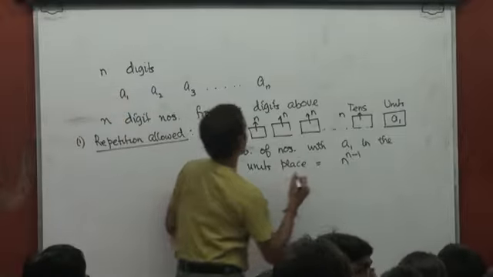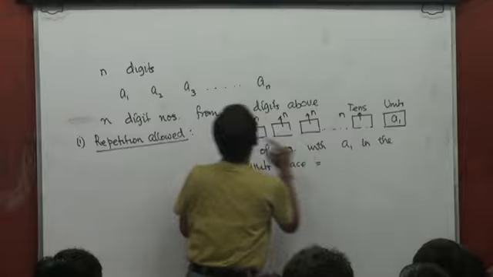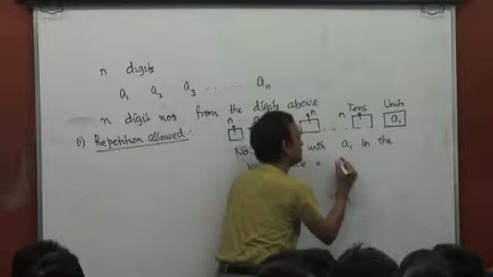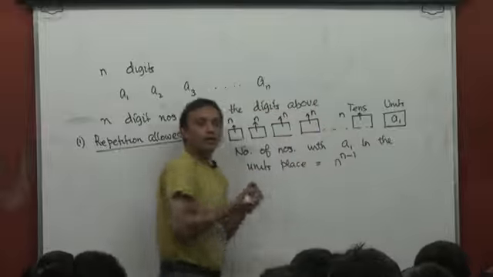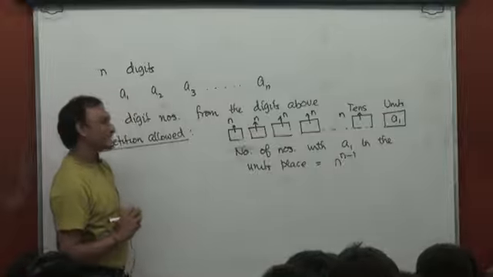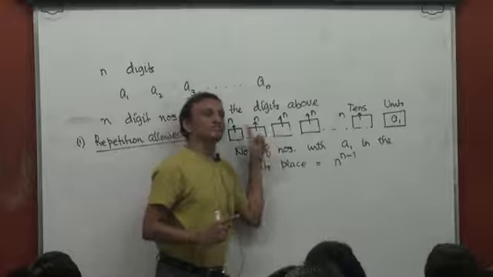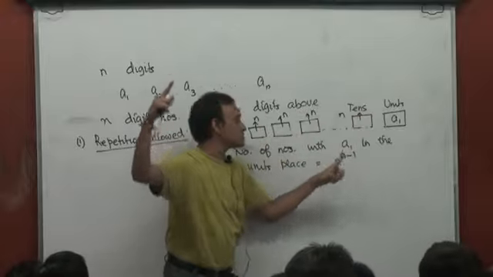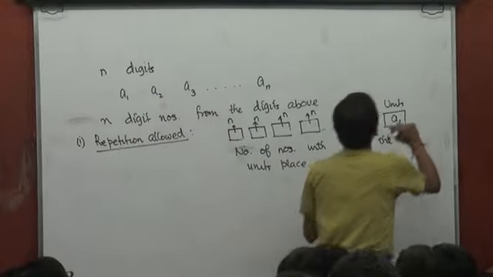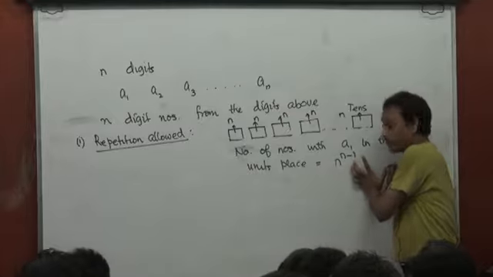I'm sorry, n into n into n, n minus 1 times, so n to the power n minus 1. There are n ways of filling each spot, so n into n into n, n minus 1 times. So the number of numbers with A1 in the units place is n to the power n minus 1, right?